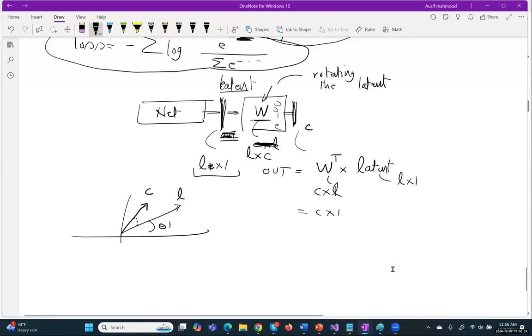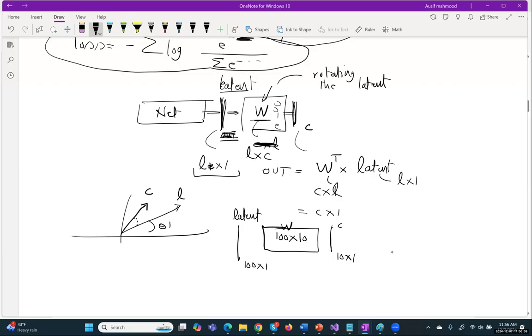Or let me give you another view over here. Let's pick an example. Let's say latent is 100 by 1, and this is 10 by 1 is our C, the final output. So now W will be 100 by 10. What does that mean?